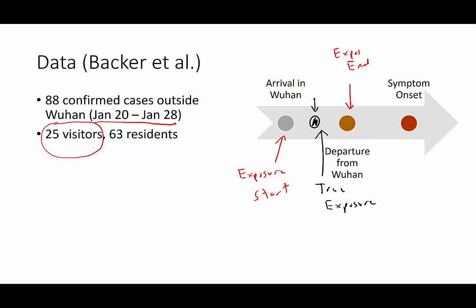Now, they also have a predetermined time where they started showing symptoms, or at least felt like they started showing symptoms. And so we're going to use this period of time between when they were exposed and when their symptoms started to show. This is what we call the incubation period. And that's the quantity we're trying to estimate.